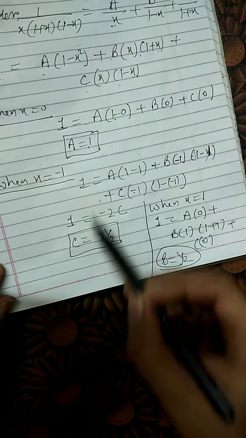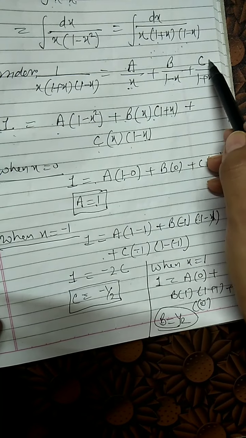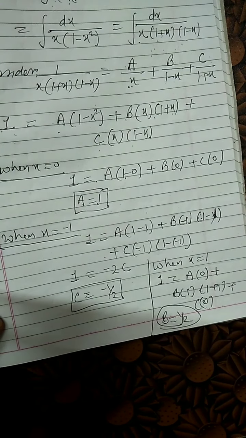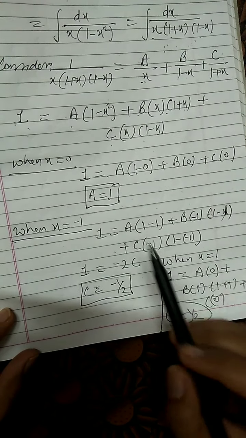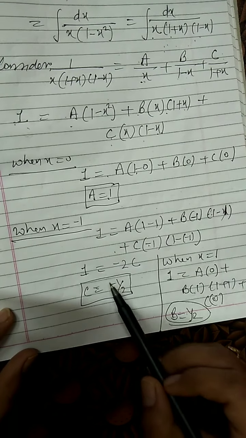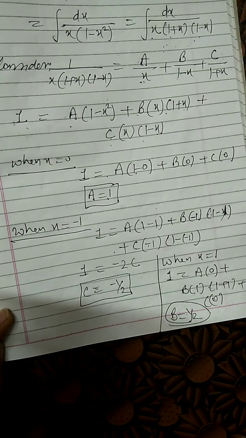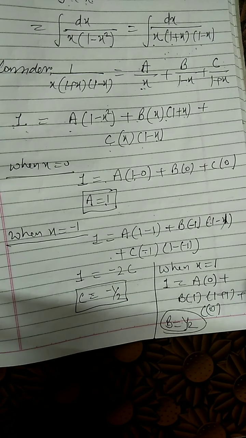So these 3 values we have calculated, and we will substitute these values of a, b, c here, and our integral will become simple, and then we can find the answer. So let us take the value of a is 1, b is 1 by 2, and c is minus 1 by 2. So let us take this sum to the next page.